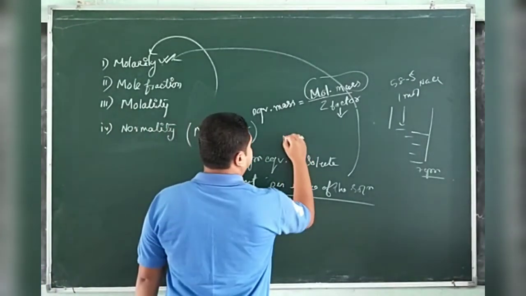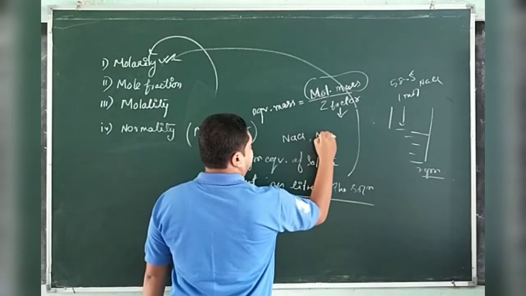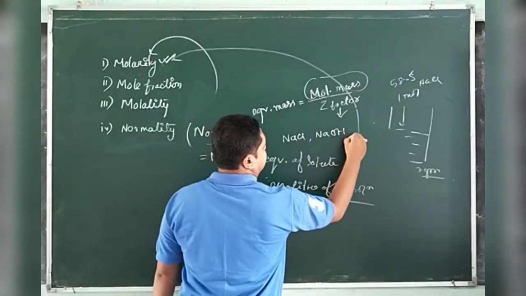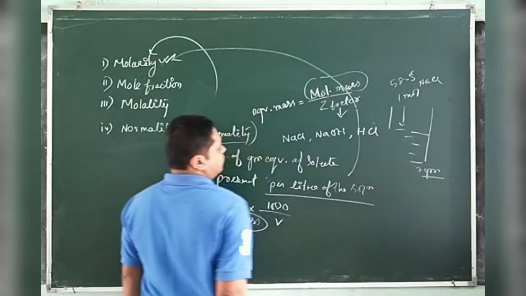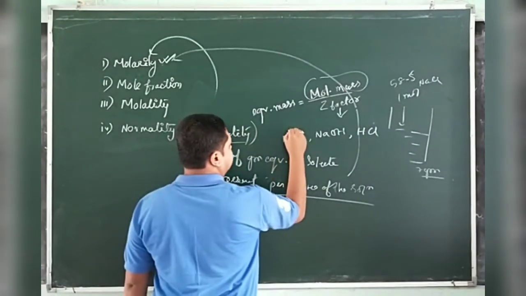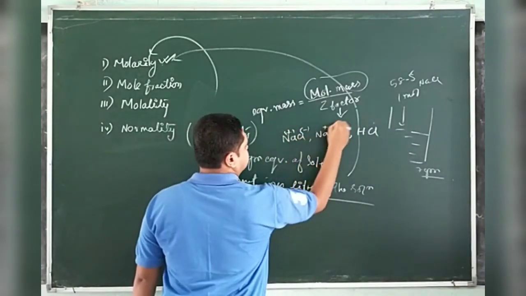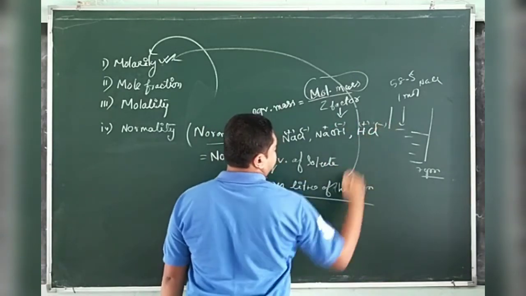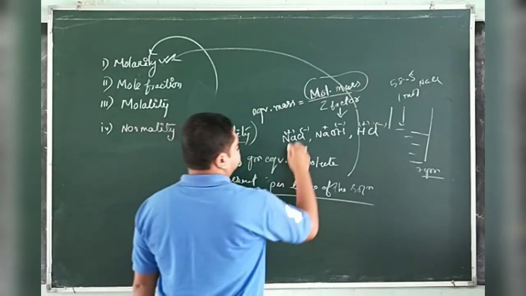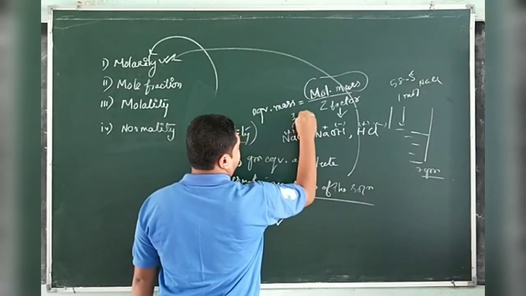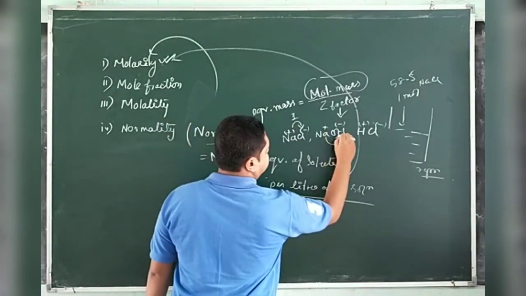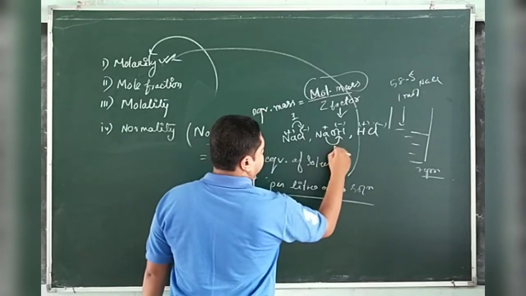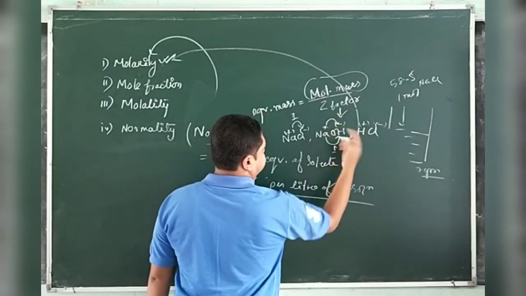So in case of NaCl, NaOH, HCl, what are the valencies? Plus 1, minus 1, plus 1, minus 1. So the transfer of electron is only 1. Positive to negative, that means 1.